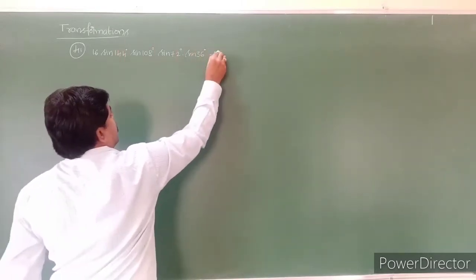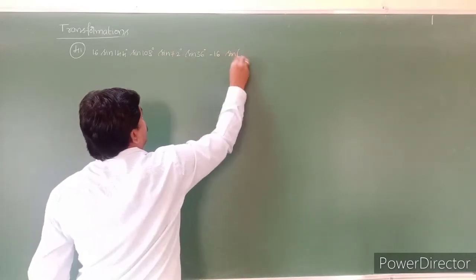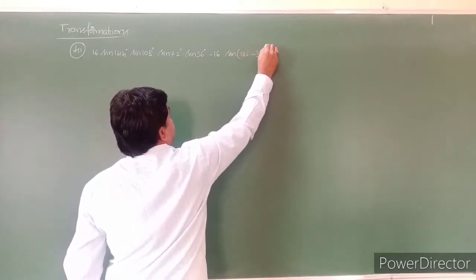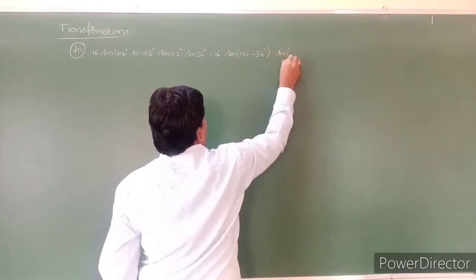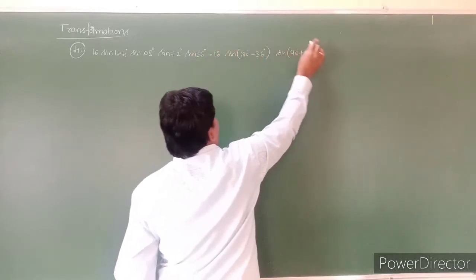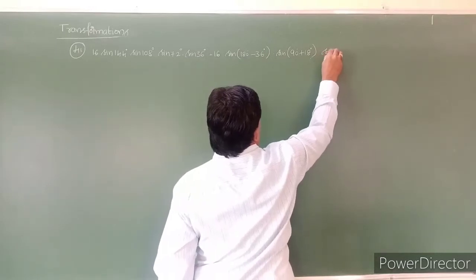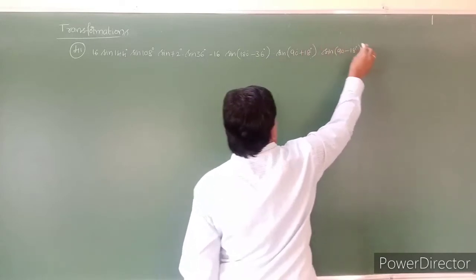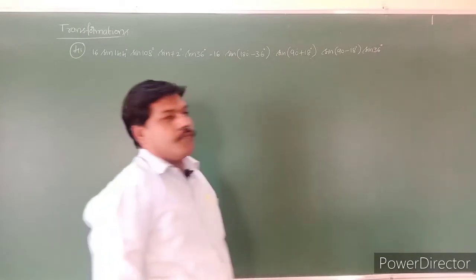So what we will do first: 16 into sin 144, you can write it as sin of 180 minus 36 degrees, and sin 108 you can write as sin of 90 plus 18 degrees, and sin 72 you can write as sin of 90 minus 18 degrees, and sin 36 degrees.